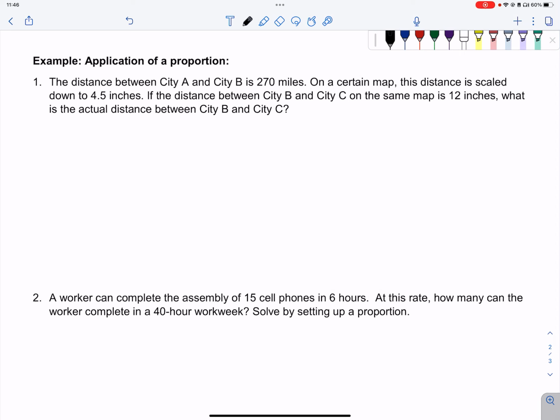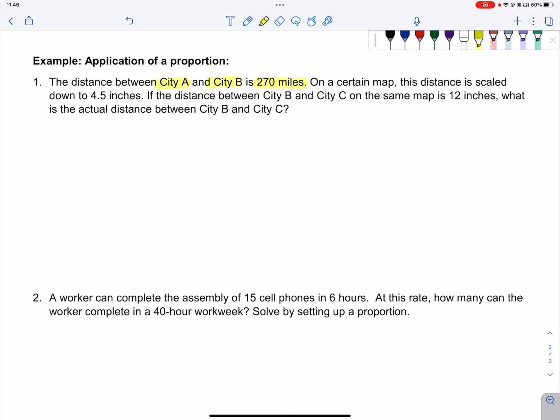So now we are going to work through some applications and word problems of our proportions here. So this first problem, we are told the distance between city A and city B is 270 miles.